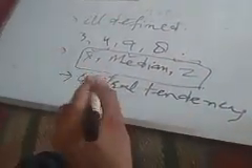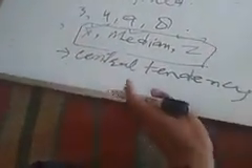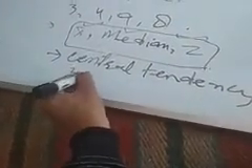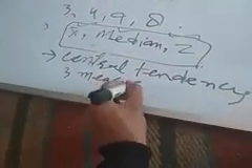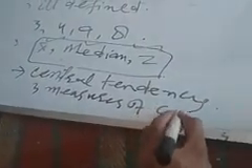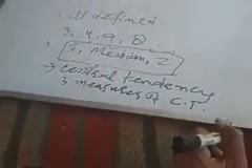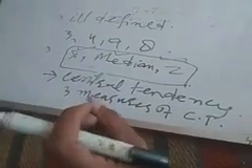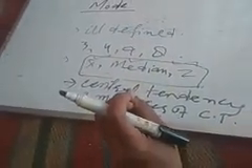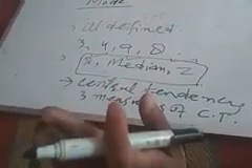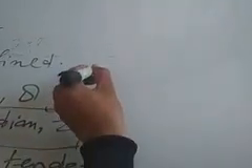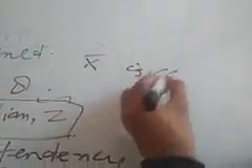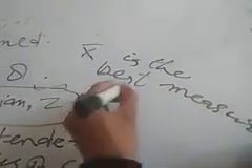So these are three measures of central tendency. But if anyone asks you which is the best measure of central tendency, then mean is the best measure of central tendency.